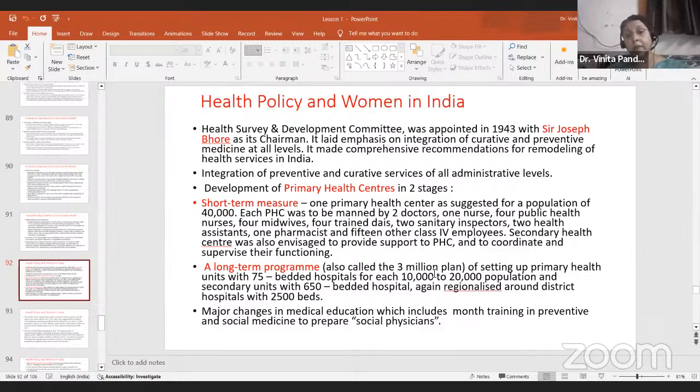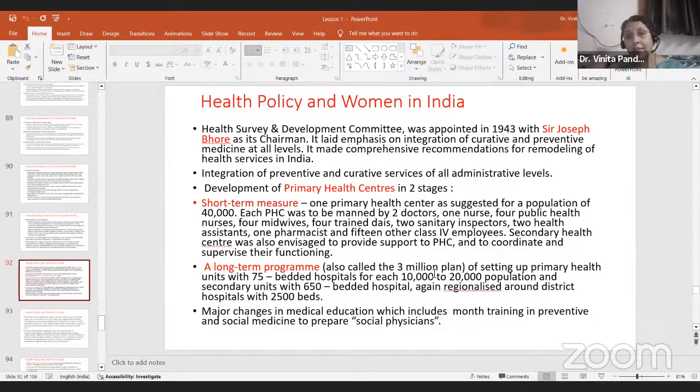And apart from that, various other articles are also ensuring that, as in the videos also we are saying, health should be a human right.